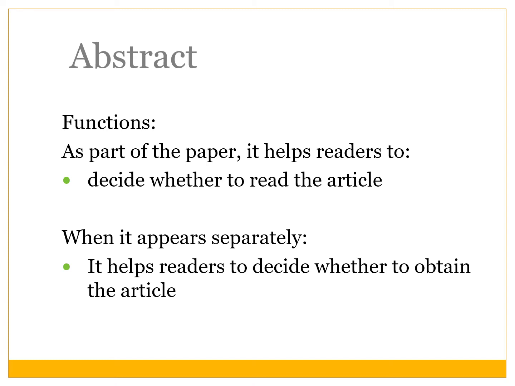Next is the abstract. The abstract is the summary of what the whole paper is about. It is the part of the paper which helps the readers to decide whether to read the full article. So the abstract is very important to attract the readers to continue reading your paper.